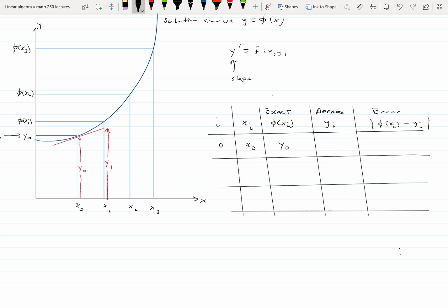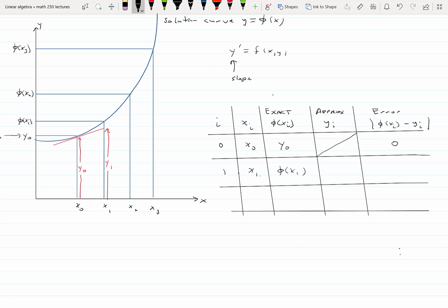That's the initial condition, so there is no approximate value, and there's no error. This is exact. Now let's look at x sub 1. At x sub 1, the exact y value would be phi of x sub 1. I don't have access to that; it's out of our reach.